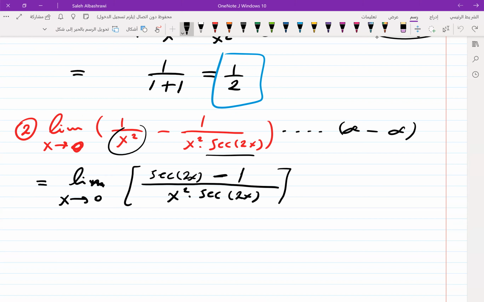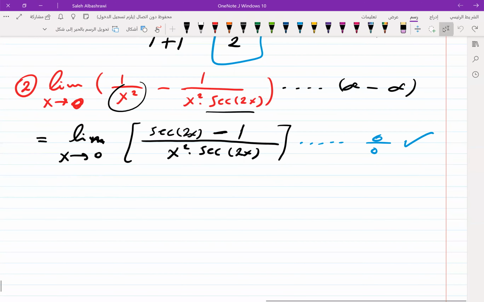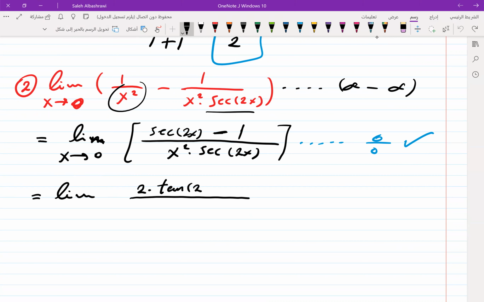Now, if we replace x by 0, we will have the form 0 over 0, which is the condition for L'Hopital's rule. We can find the derivative of the numerator and the denominator. So this is equal to the limit of: the derivative of secant 2x, which is 2 multiplied by tangent 2x multiplied by secant 2x.